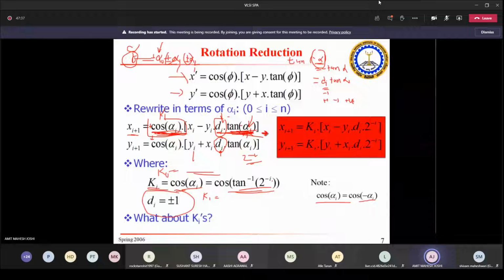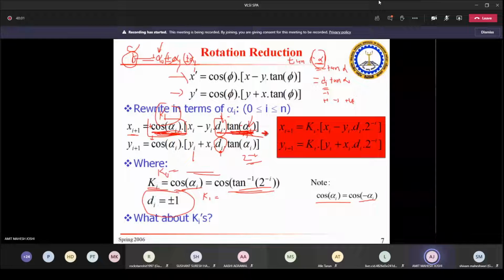So all the k values will be fixed. So I will put that fixed value rather than the cos one. Because the good thing is this alpha I have fixed by having that particular standard lookup table. That alpha value I have fixed, so with that alpha value fixed, this cos value is also fixed.